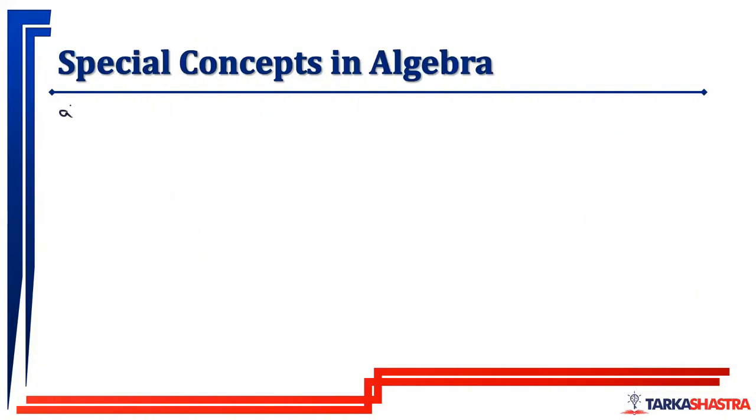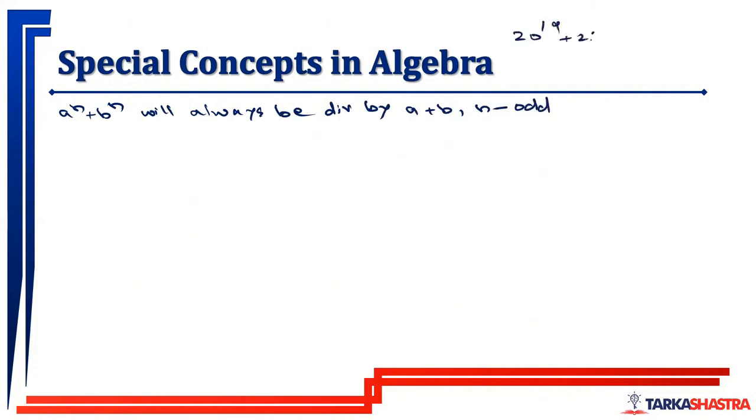Now some special concepts of algebra. A raised to n plus b raised to n will always be divisible by a plus b when n is odd. For example, 20 raised to 90 plus 21 raised to 90. N is odd, no?